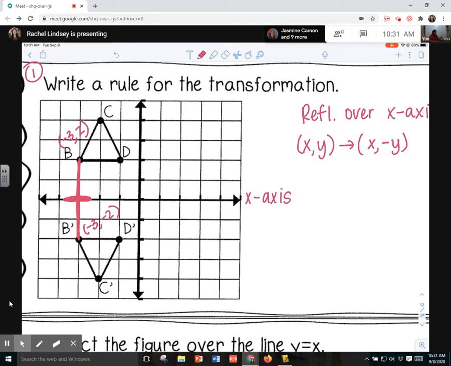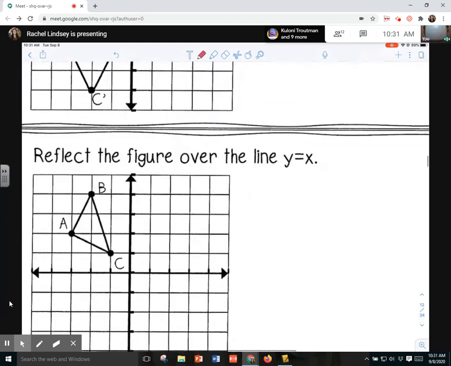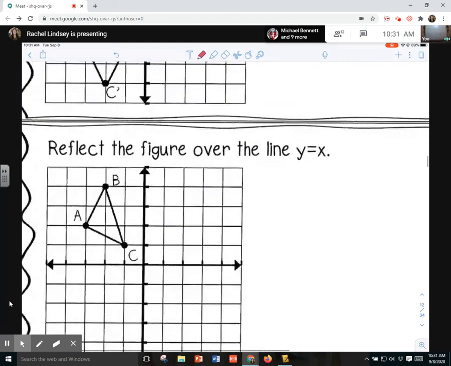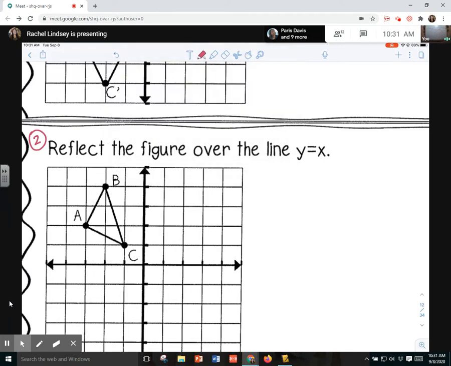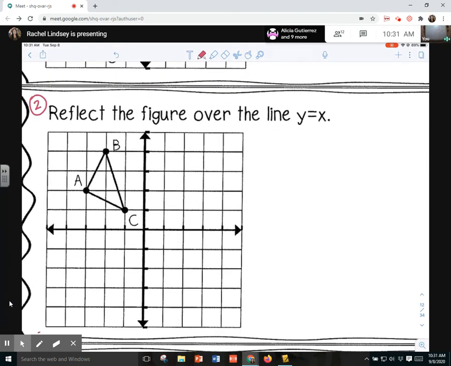Okay. So looking at the second one, I want to reflect over the line y equals x. So I'm actually going to draw my line of reflection here. I'm going to draw my line of reflection over y equals x. It's just the straight line through the origin, diagonal across the graph.